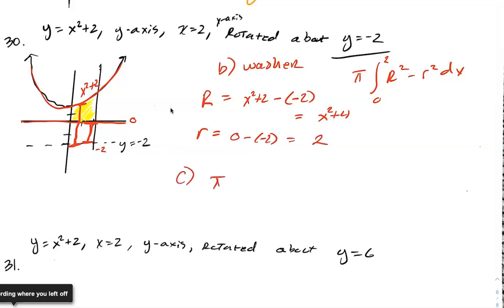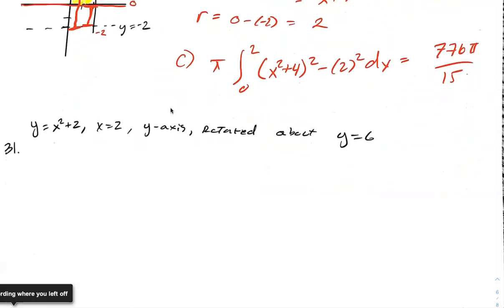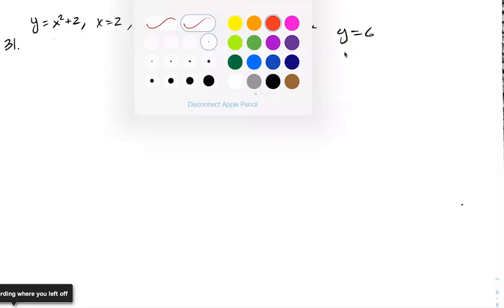I'm going to get pi times the integral from 0 to 2 of capital R minus little r dx. Plug that in, you get 776 pi over 15. Or whatever thing it is, that's when you put in your calculator. The next one, same idea. I should again add in the x-axis. But now we're going to rotate across y equals 6. So this will get a little more fun.